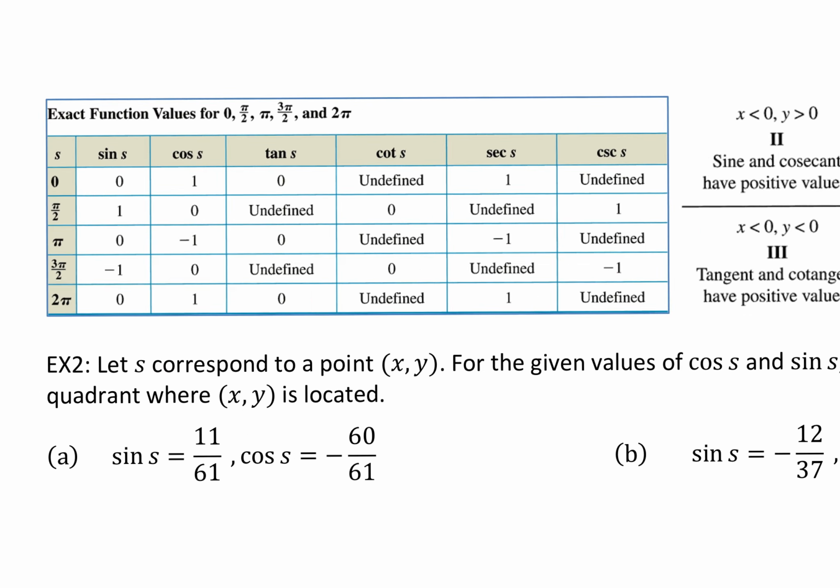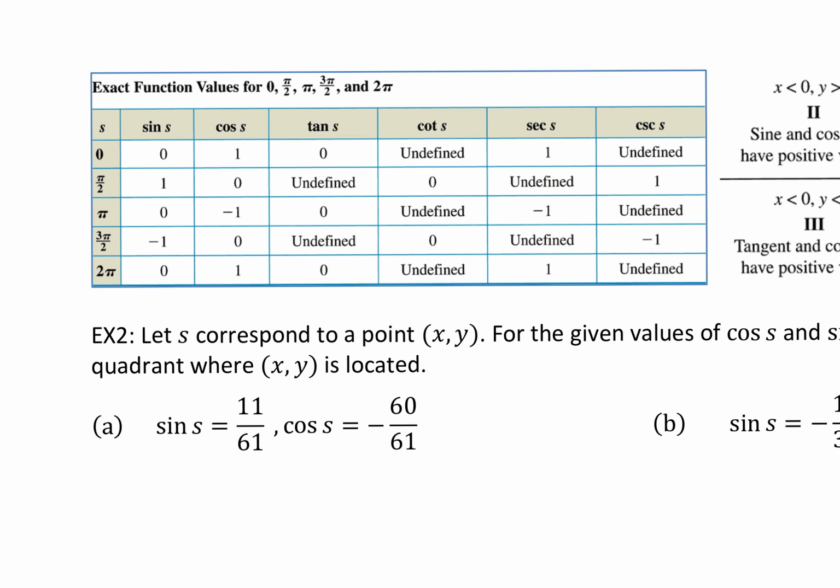Here are some little reference charts if you would like to use them. This first chart is from your textbook. It gives you the main values on the unit circle: 0, pi over 2, pi, 3 pi over 2, and 2 pi.